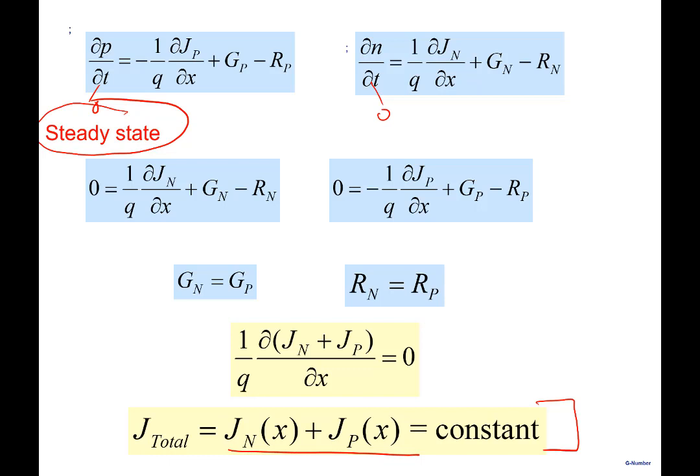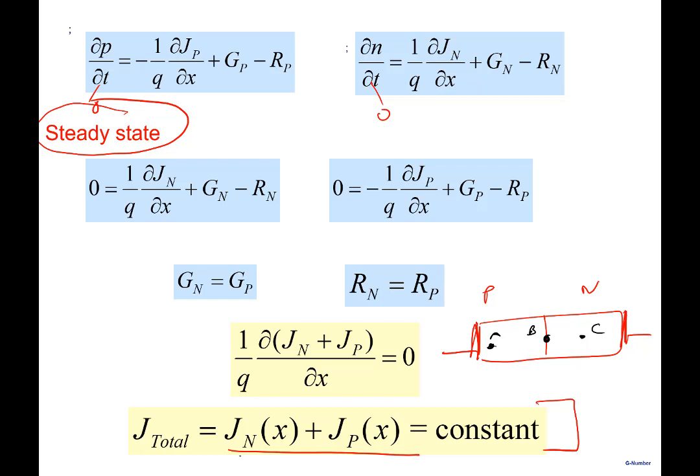So now the interesting thing comes. Jn plus Jp is a constant. So it tells us that if you compute the current at any point in a PN junction, the point could be here, here, or here, any point A, B, C, anywhere, you've computed the current everywhere in the PN junction.